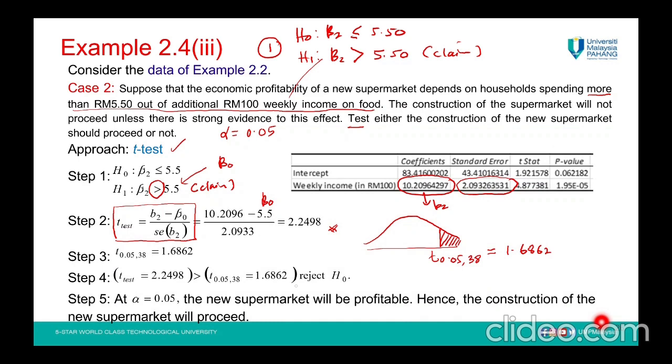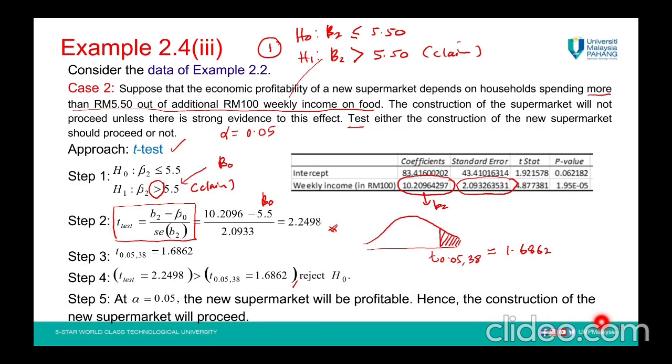In step 4, we want to make a decision on H0. By comparing the t-test and the t-critical value, we can see that the value of t-test is greater than the t-critical value. So in this case, the decision here is reject H0, because the test is a right tail test.